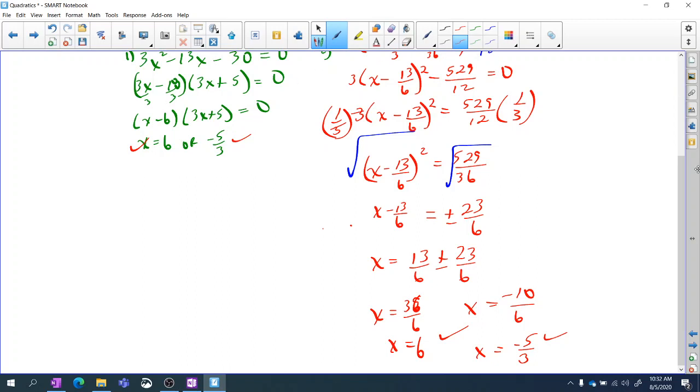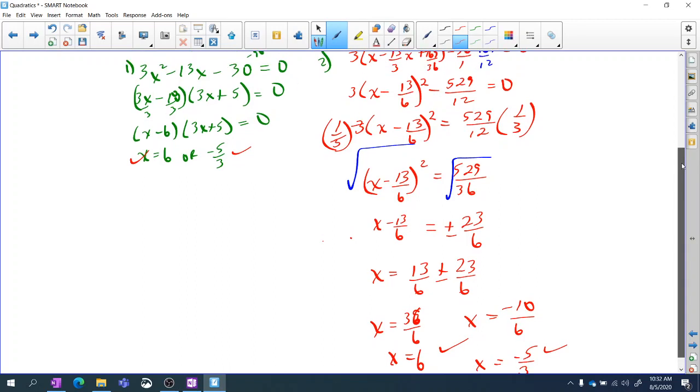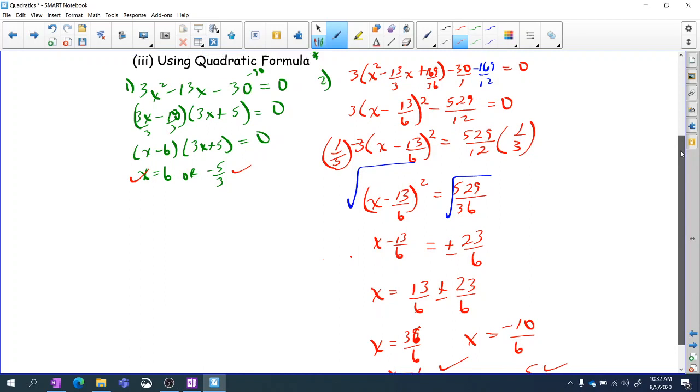However, you'd be hard-pressed to make an argument that anyone would want to do it using the strategy on the right. Now, strangely enough, I don't know if it's because students think that completing the square is some kind of a savior, but they'll try to do it using this strategy when they could have used the other strategy instead.